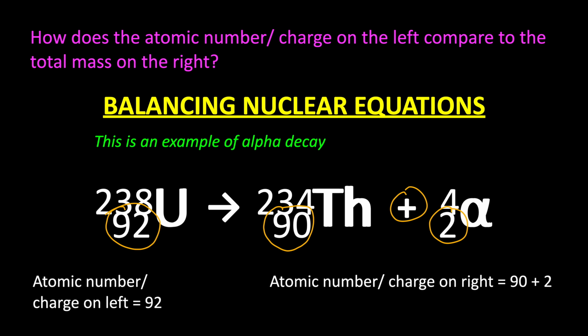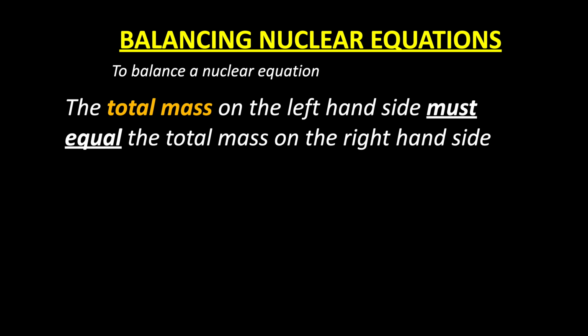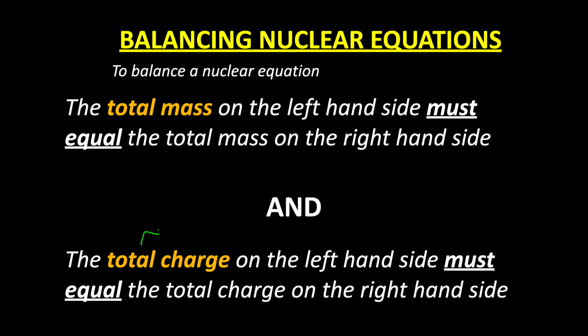So we can think of this arrow in the middle like an equal sign. Therefore, to balance nuclear equations, there are two things we need to consider. The first is the total mass on both sides of the equation and the total charge, or the atomic number.